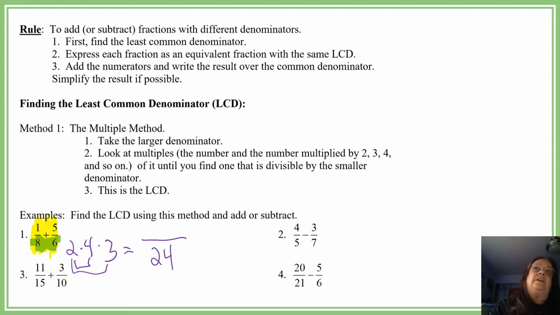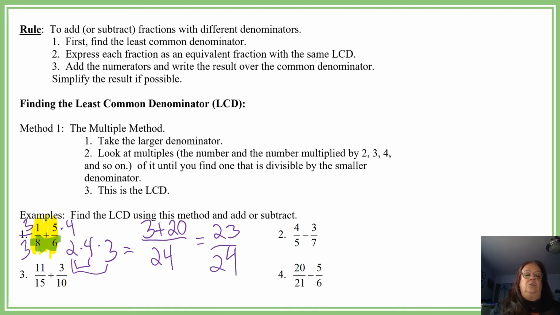Now for the numerator, I have to multiply the 8 by a 3 to get to 24. So the 1 has to be multiplied by a 3, so I have 3/3. That's going to give me a 3 numerator and a 24 denominator. The 5, well, my 6 has to be multiplied by 4 to get 24. So the 5 has to be multiplied by 4. That's going to give me 20. So I have 23 over the common 24.